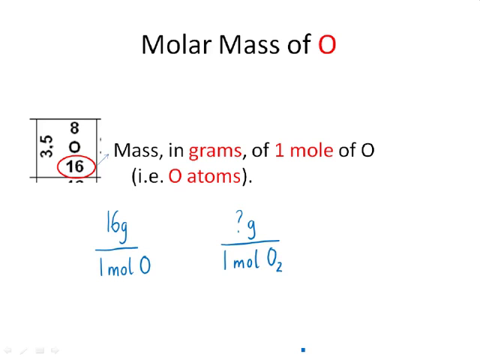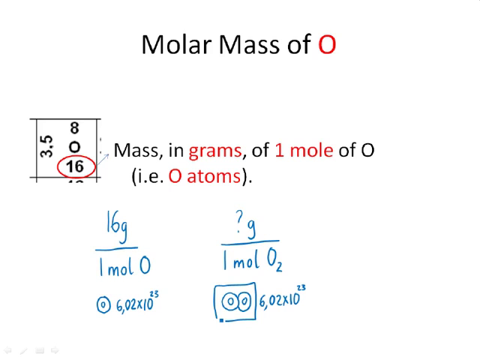Of course not. Since 1 mole of oxygen atoms means 6,02 times 10 to the power 23 oxygen atoms, whereas 1 mole of oxygen molecules means 6,02 times 10 to the power 23 oxygen molecules, where each oxygen molecule consists of 2 oxygen atoms bonded together.